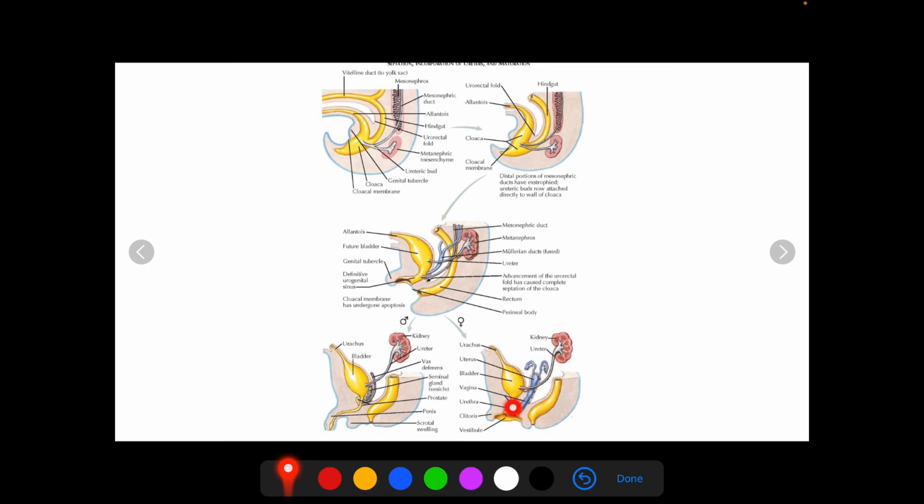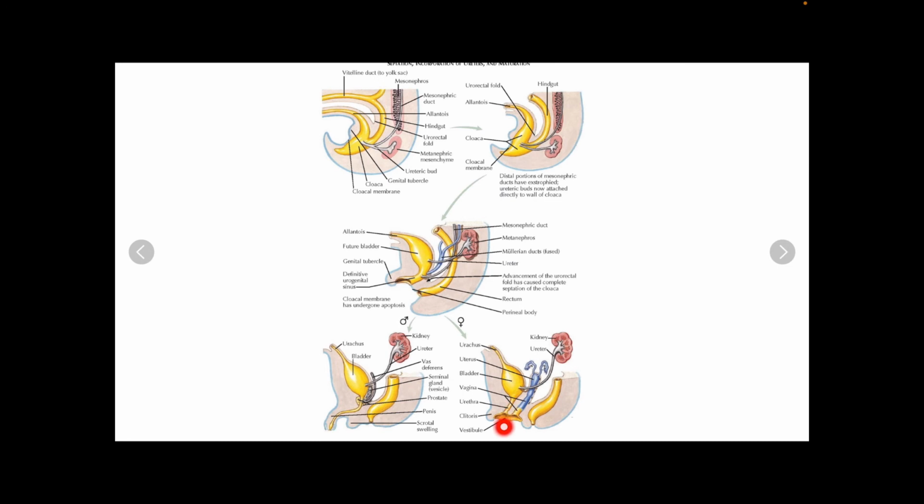The upper part of the vagina originates from the Mullerian duct, that's why from the mesoderm. But the lower part of the vagina originates from the cloaca, and the cloaca originates from the allantois, yolk sac and endoderm.